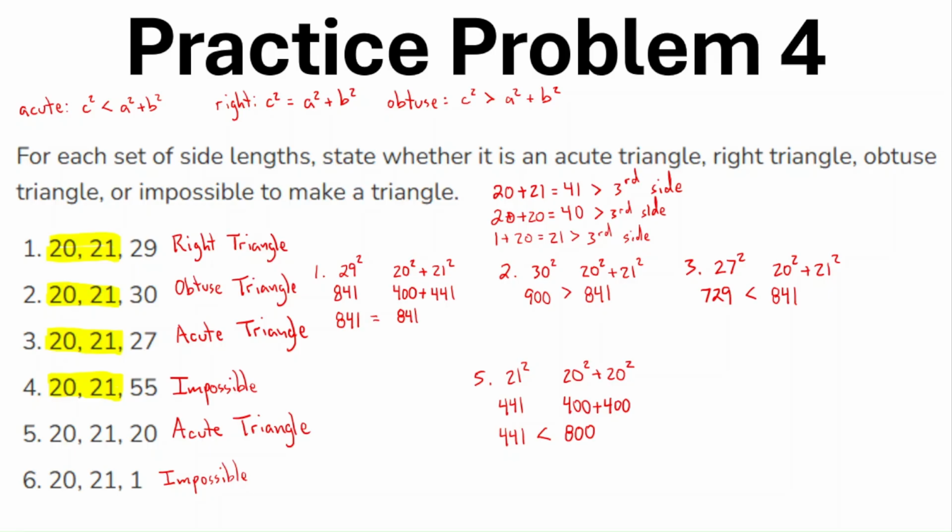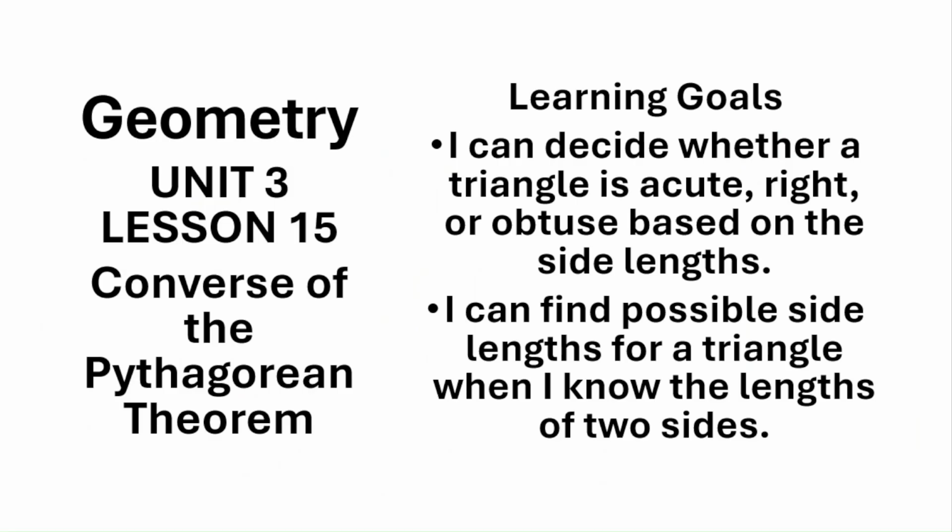Now let's go back and review our learning targets. So our learning goals, remember we did have 2 of them. Number 1 says I can decide whether a triangle is acute, right, or obtuse based on the side lengths. Well, remember, c is my long side. a and b are the 2 shorter sides.